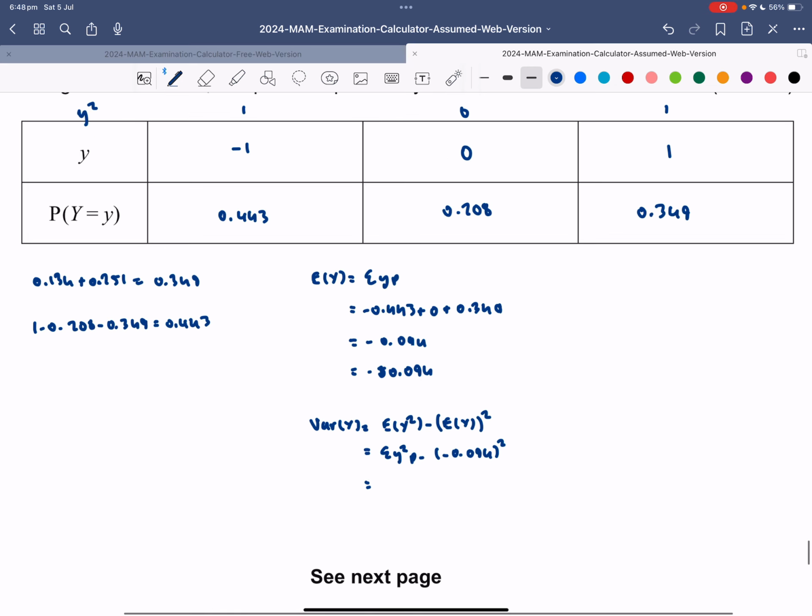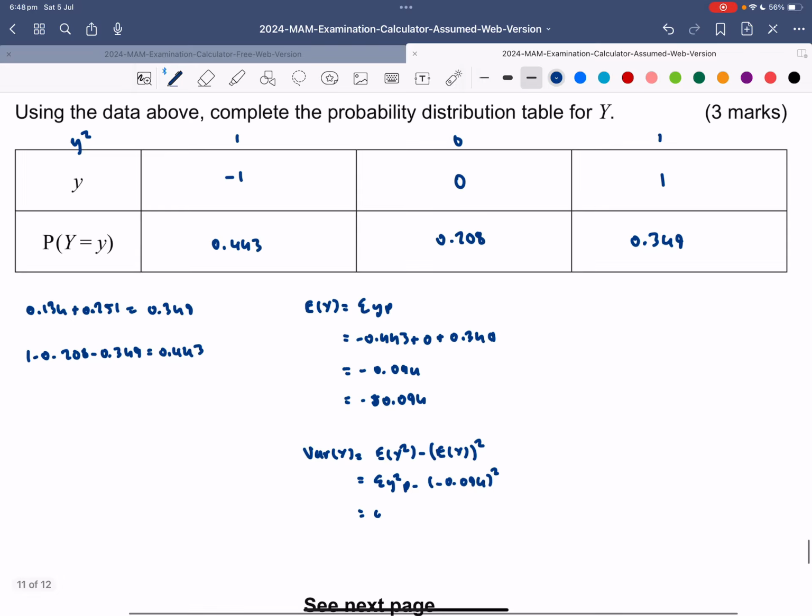So it would be positive 0.443, because this times this is now positive 0.443, still plus 0, plus 0.349, and then minus 0.094 squared, and we get 0.783.